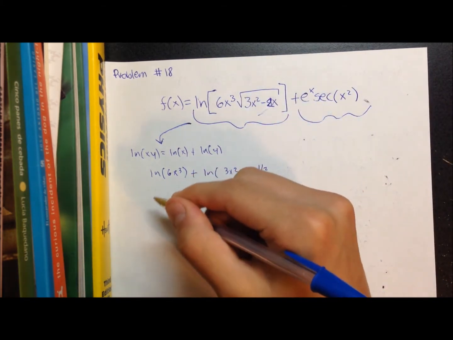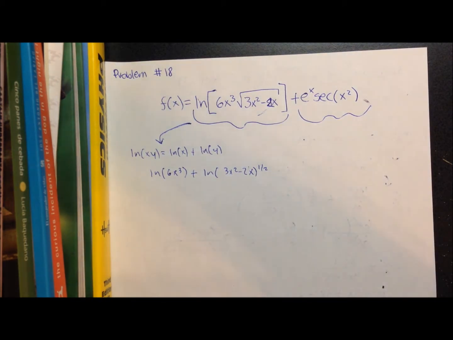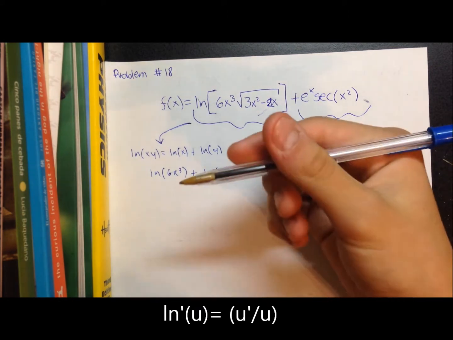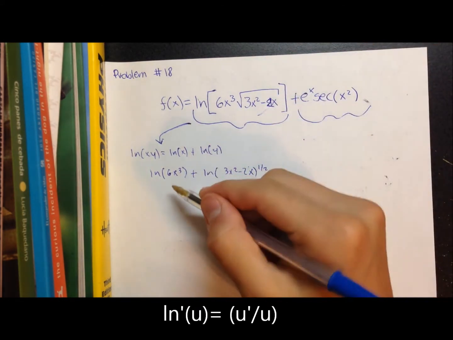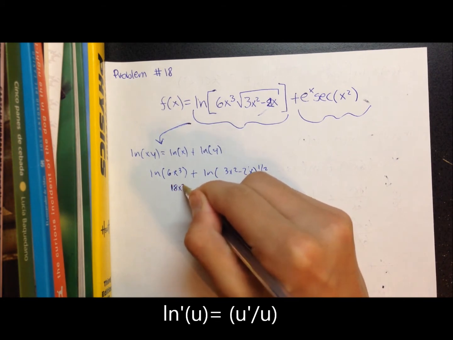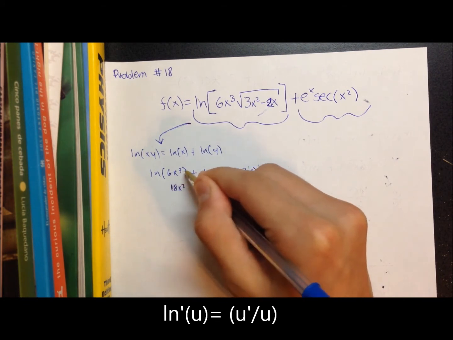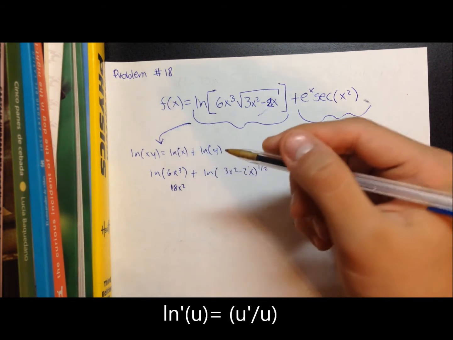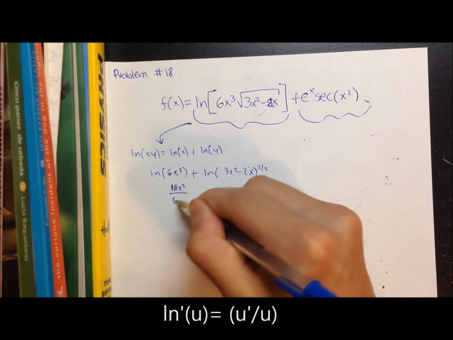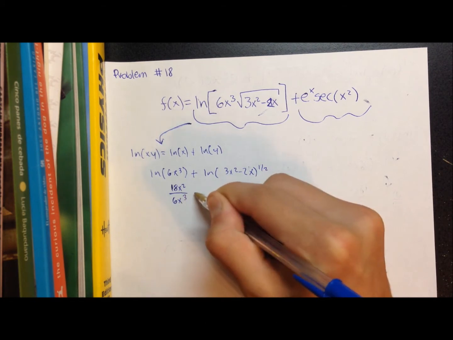So the derivative of an ln of u equation is u prime over u. So this is u, and u prime it's gonna be 18x squared, because 6 times 3 it's 18, x to the third power minus 1 is x to the second power, over u, which is 6x to the third power.